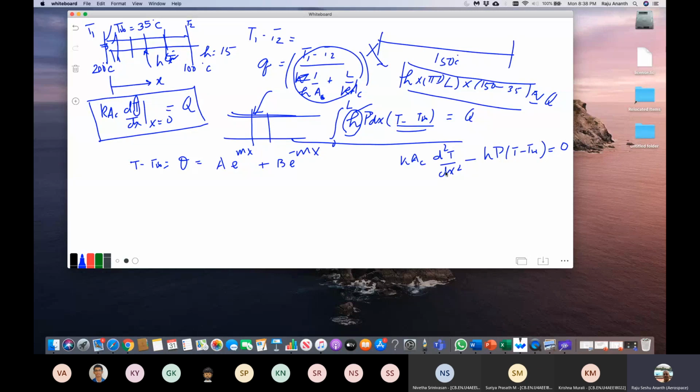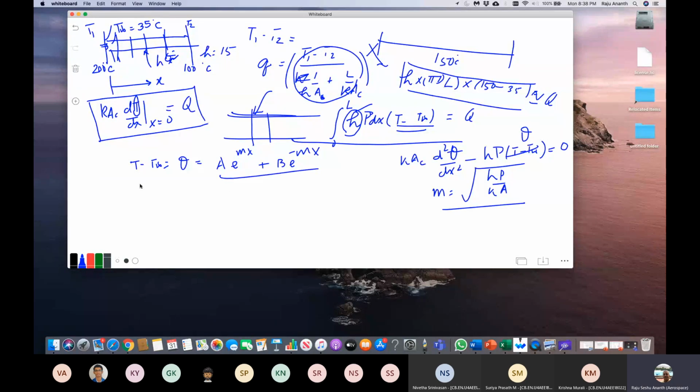That's what we got. So when you define T minus T infinity as theta, this becomes theta. If I define m to be the square root of HP over KA, this is the solution.